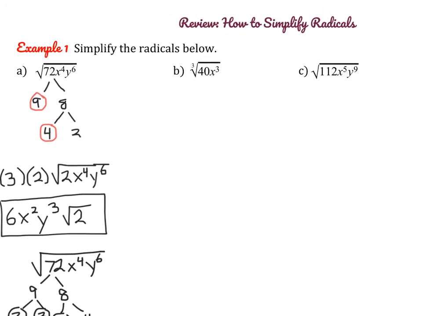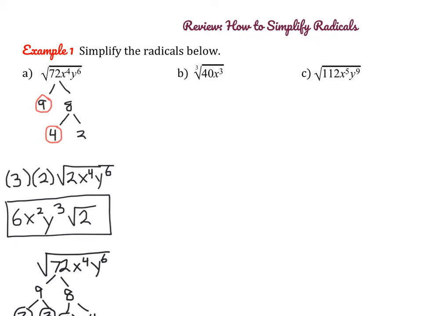Now let's look at part B. Here we have a cube root. We can think, 40 is divisible by what perfect cube? We know that 40 is 8 times 5, and we know 8 is a perfect cube. The cube root of 8 is 2, so that will simplify out front.